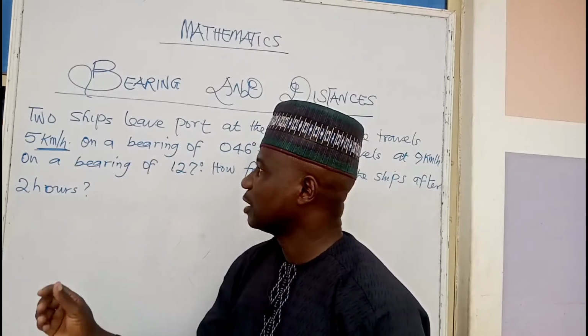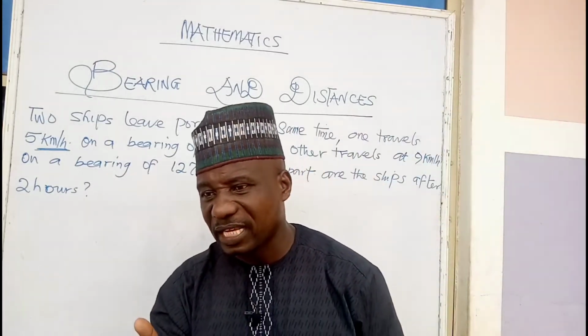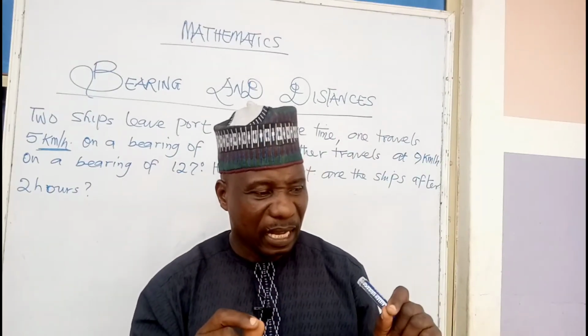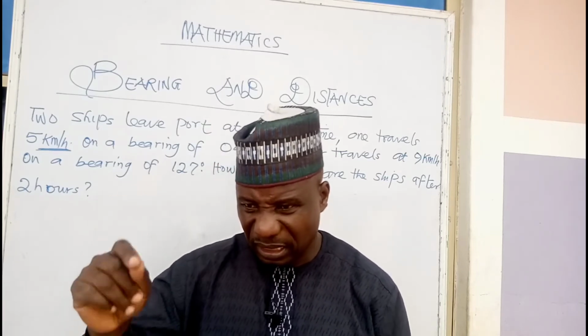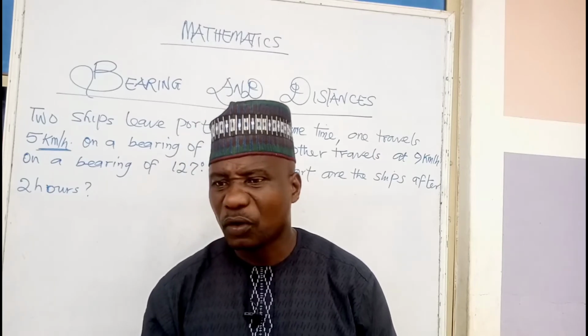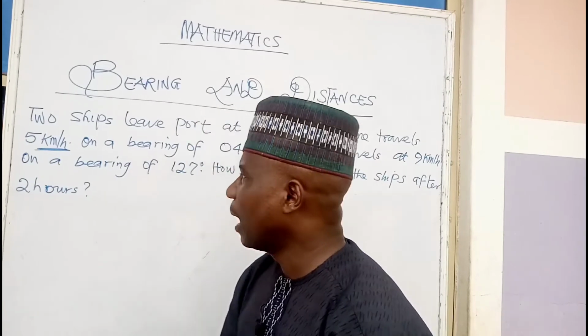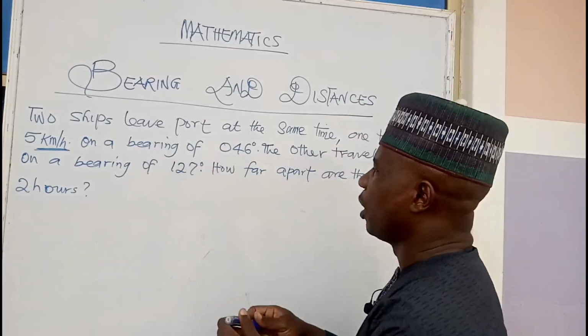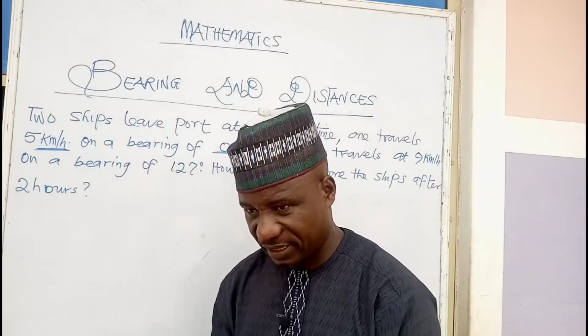Then they said, on a bearing. I told you the other time that anytime you are dealing with a bearing and a distance, you must be given the bearing. If you are not given the bearing, of course, you cannot know the direction to which you are going to move. Now, on a bearing of what? 046. 046 simply means 46.